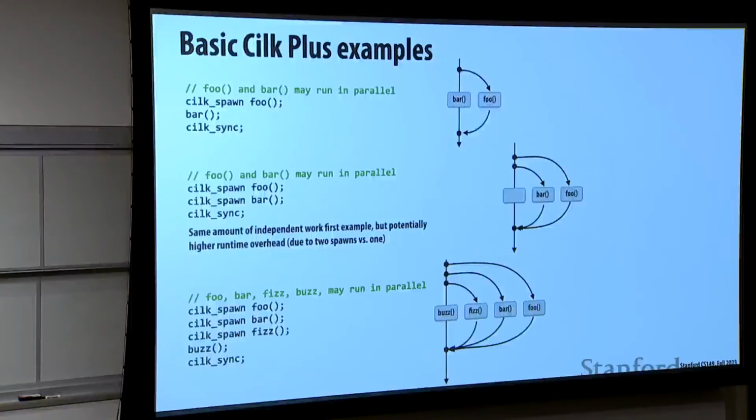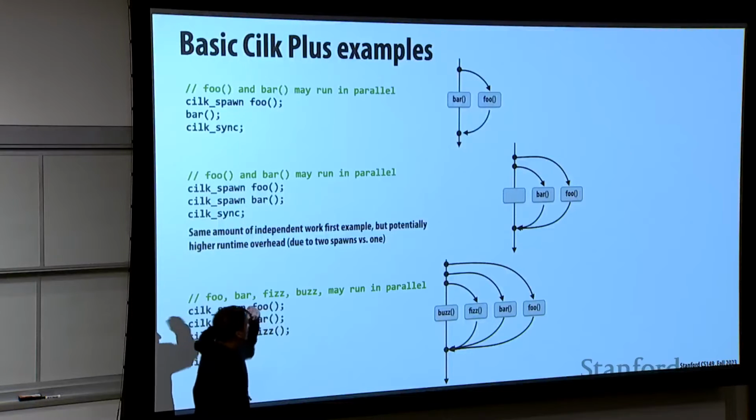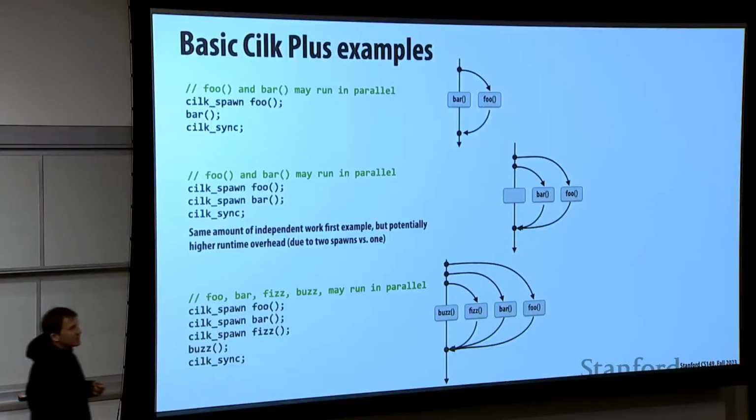In Cilk, spawning foo is like creating an asynchronous concurrent logical instruction stream that may or may not be run at the same time. So you can think about spawning foo as more like creating a piece of work, some note that says you've got to run foo at some point. And notice what I'm drawing here is I'm showing you the concurrency in the program using my arrows.